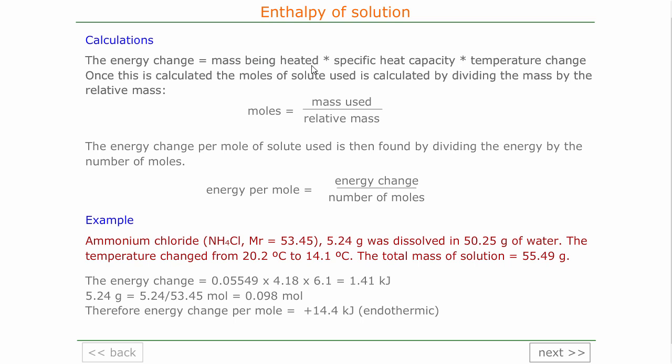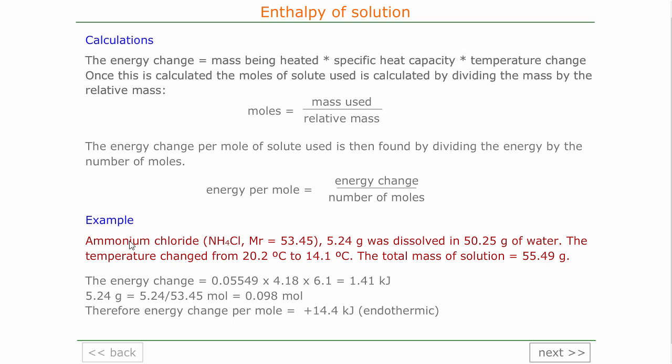So we multiply the mass being heated, the mass of the solution, by the specific heat capacity by the temperature change, E equals mc delta T, as usual, to give us our energy for that particular mass or moles of solute. And then we factor in the number of moles by dividing the energy change by the number of moles to get the energy change per mole.